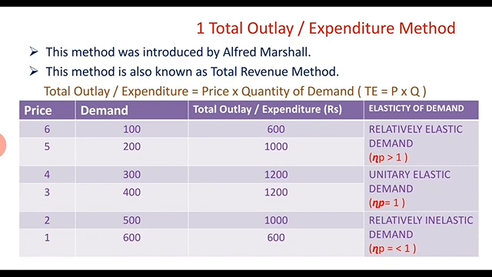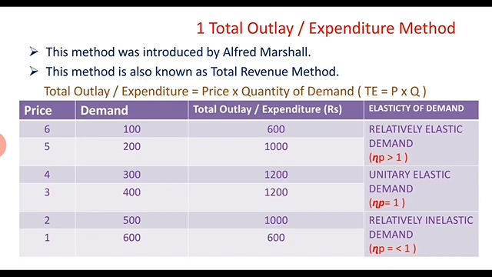Here, price decreases from 6 rupees to 5 rupees, the total expenditure increases from 600 to 1000. It is relatively elastic demand. Eta P is greater than 1.